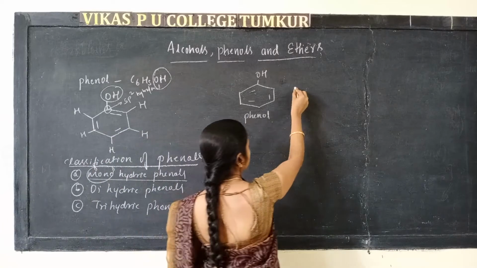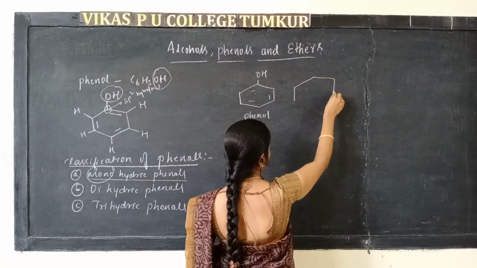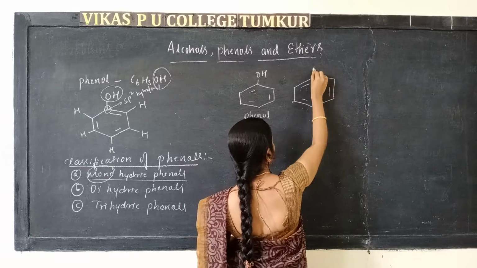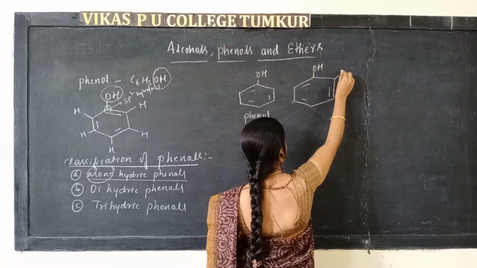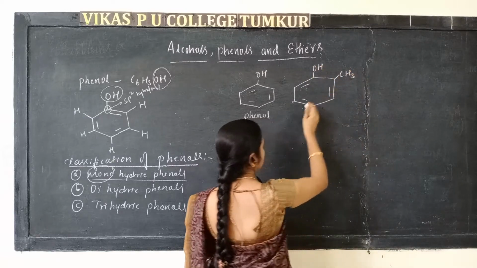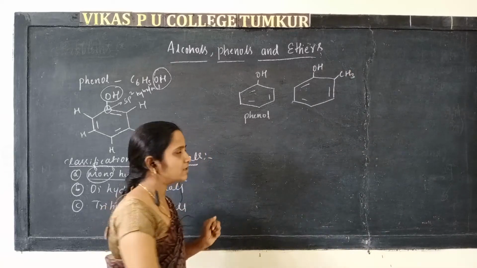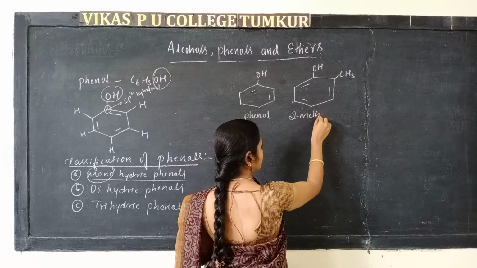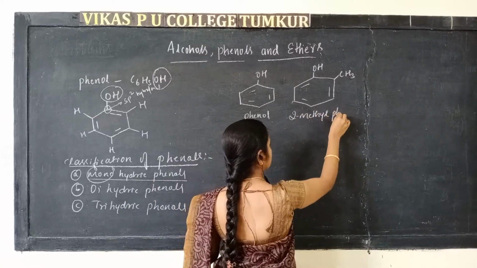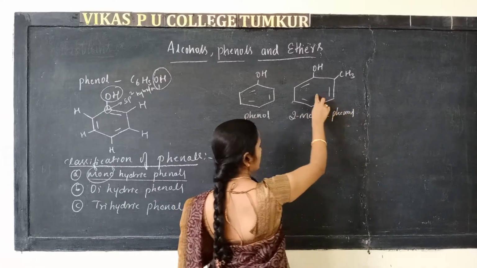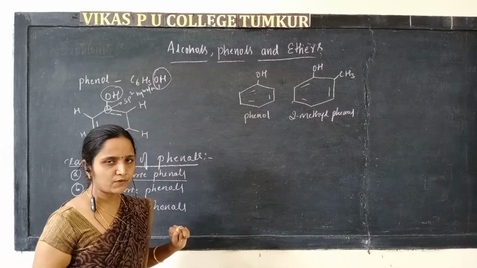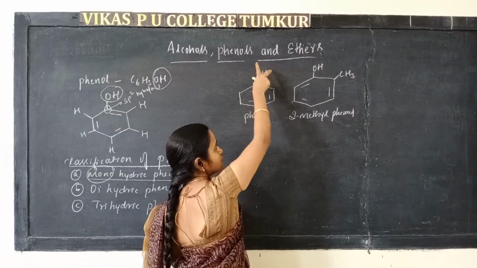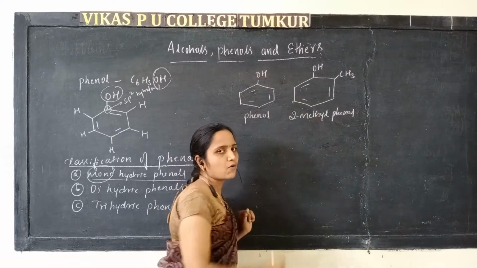If you attach one more group to this phenol, that is CH3, it is also a monohydric phenol. The name of this compound is 2-methyl phenol. Why is it a monohydric phenol? Because only one OH group is attached to the aromatic ring.